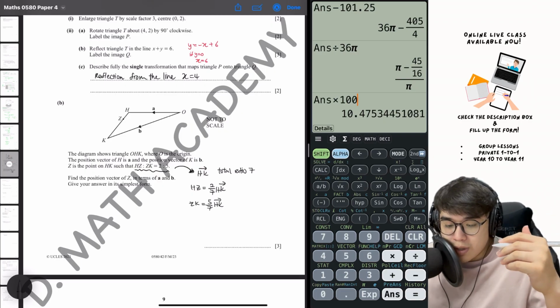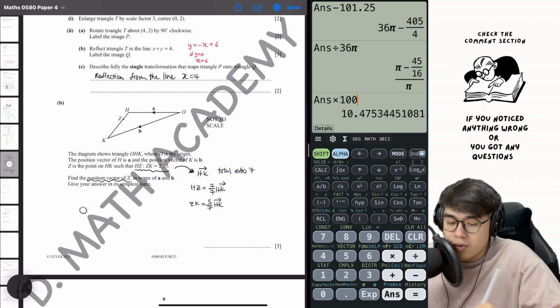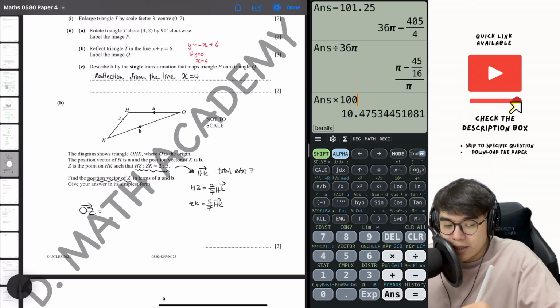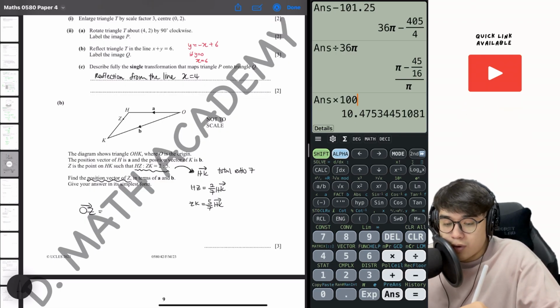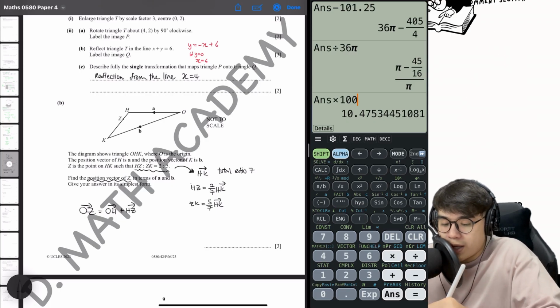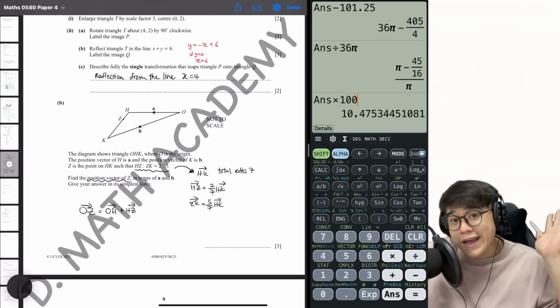And to continue, they want us to find position vector of Z, means they're looking for OZ actually. To get from O to Z, I think I will prefer the route of OH and HZ. Reason behind is we already have it. I don't have to do any changes. So I don't have to put negative.